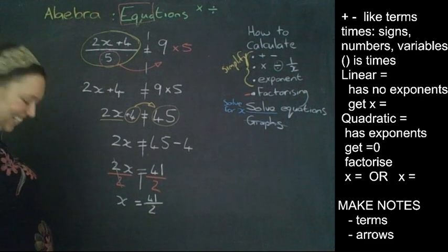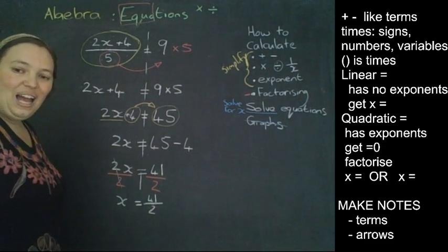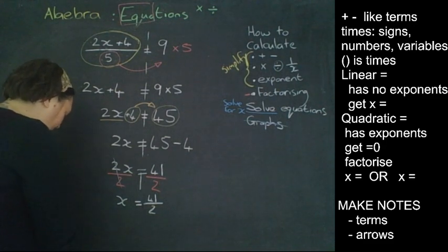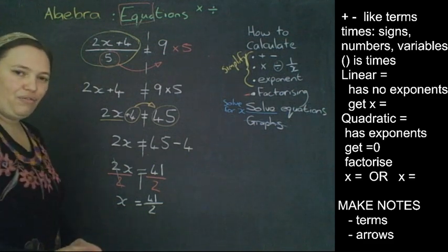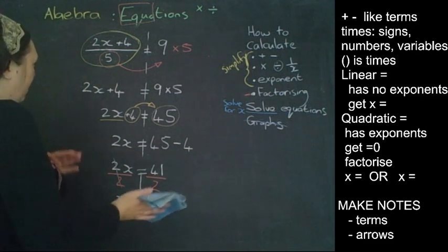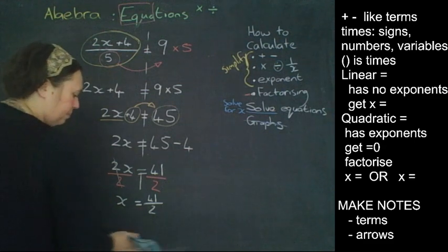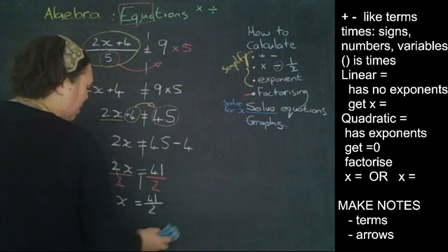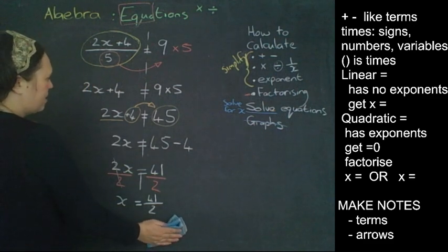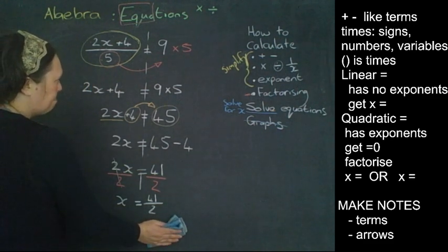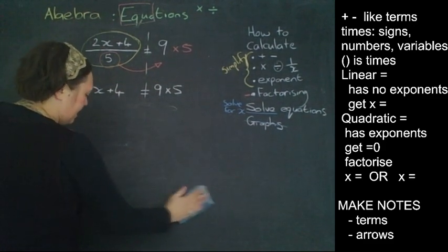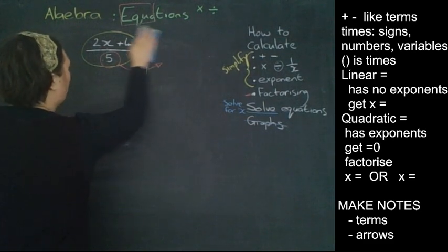Right. Then I think I'm going to break this one up into a couple of videos so that we don't get tired brains. But let's do one more of these, obviously slightly more complicated.